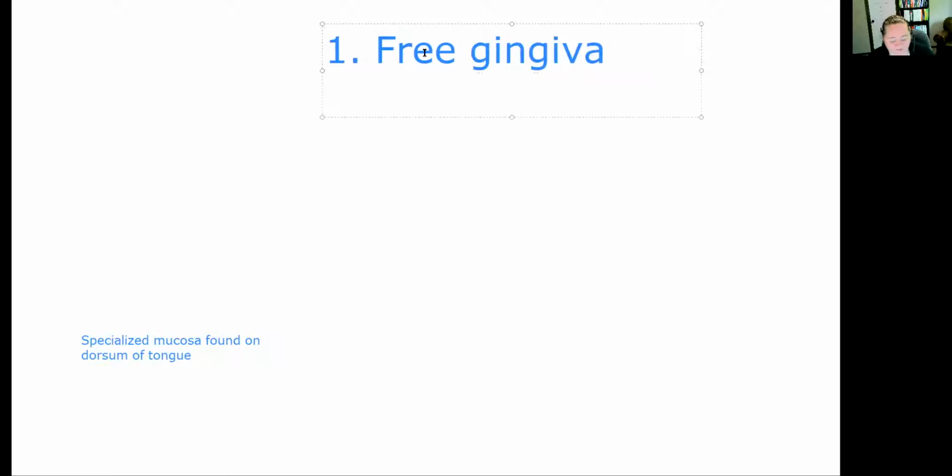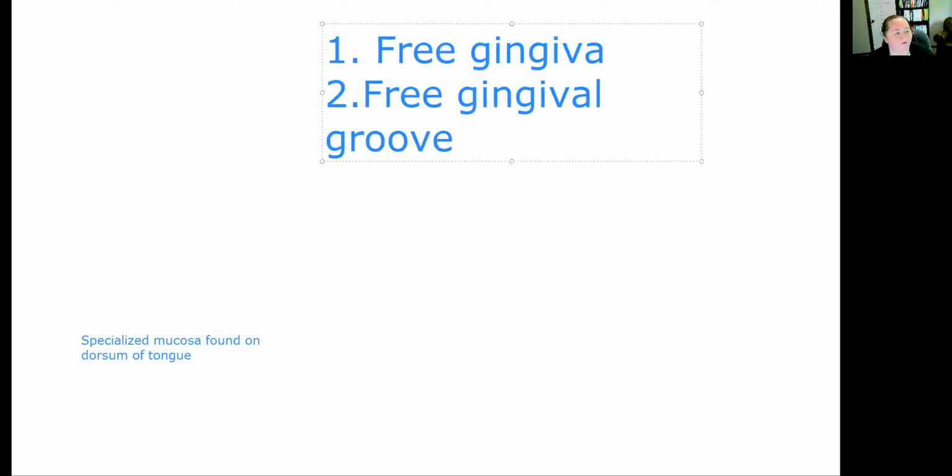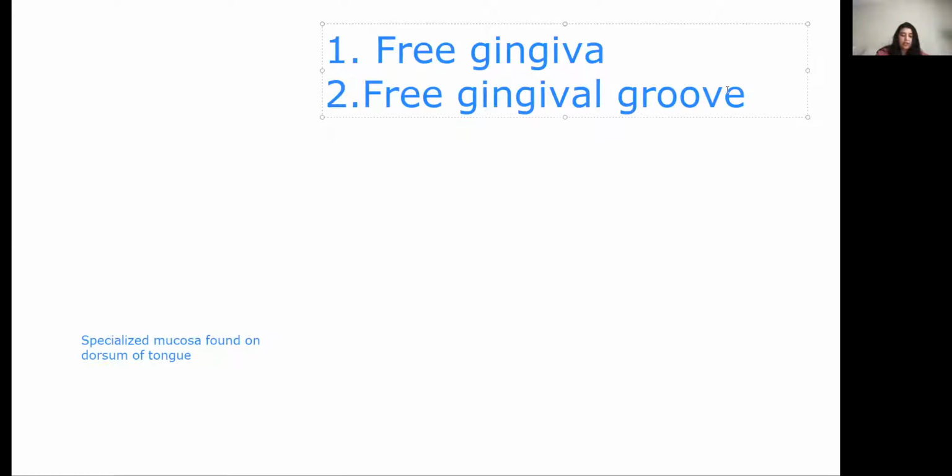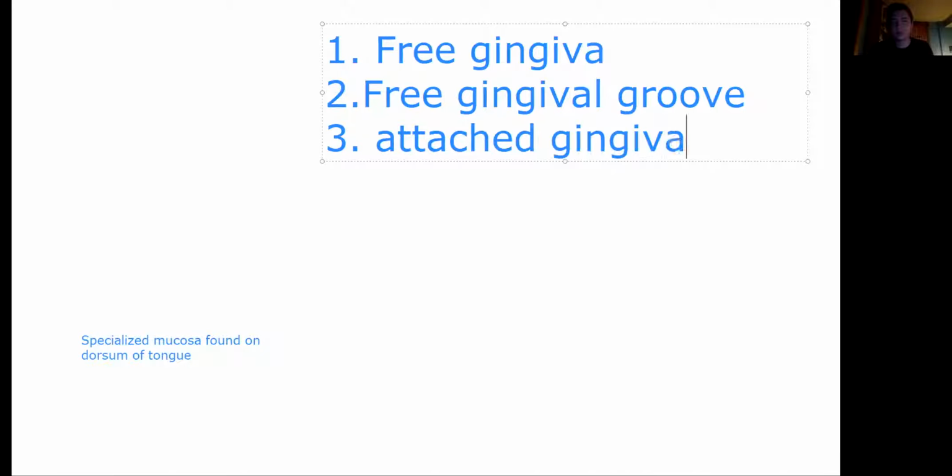Okay, what are we going to see next? The free gingival groove. Very good. Then what? Attached gingiva. Okay. Then what are we going to find?